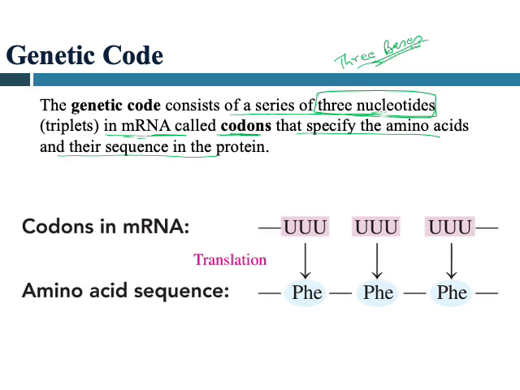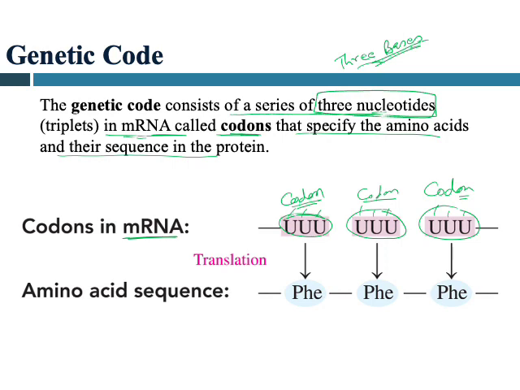Means if this is an mRNA molecule and this is the sequence that you have in mRNA, you have all these uracil. So these 3 bases together form one codon. These 3 again form another codon. These 3 again, another codon.